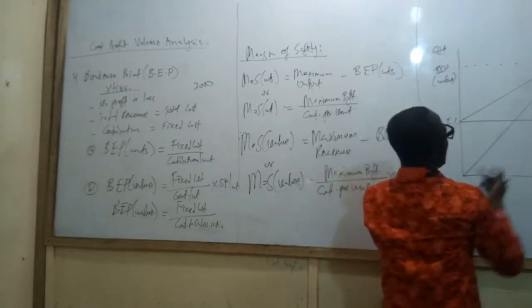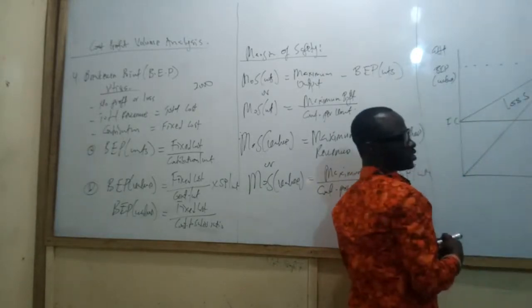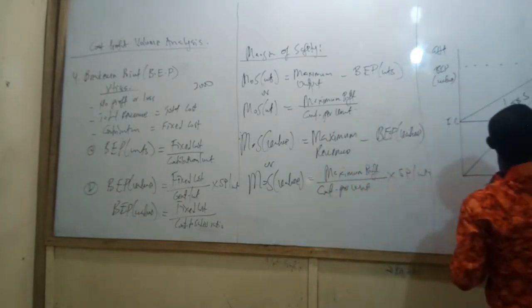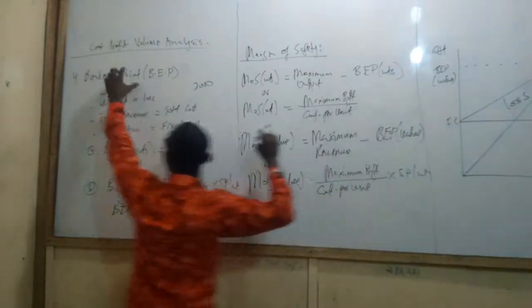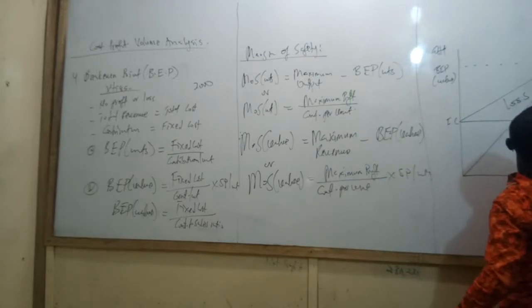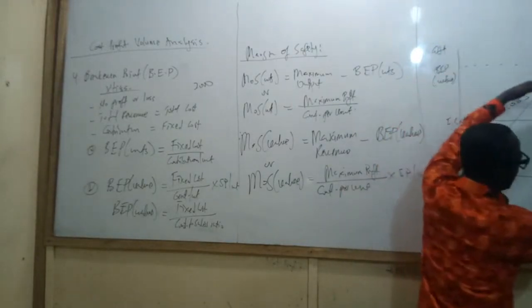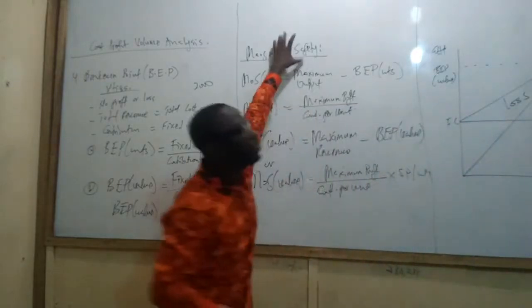Up to here, you are making losses. When you get to this point, you have break-even. From this point, you begin to make profits.